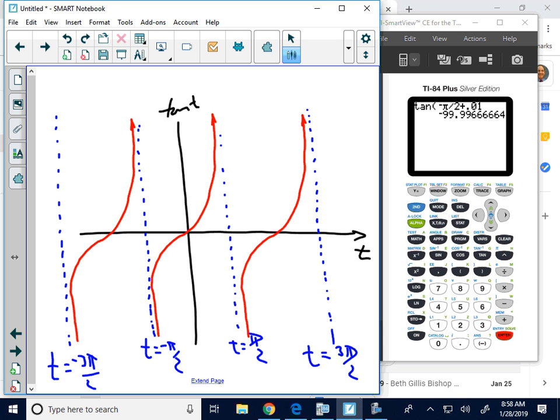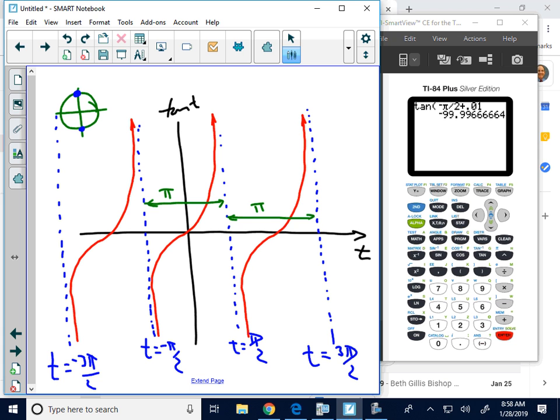It's not pi over 2. It's pi, half a rotation, right? So this distance from here to here is pi, right? This distance from here to here is pi. That's half a rotation. If you think of your unit circle, it sort of makes sense. We know that the tangent will be undefined at the top and at the bottom.